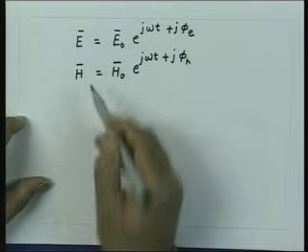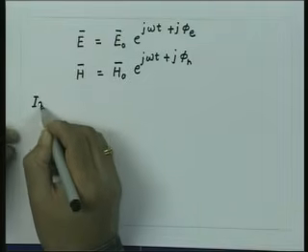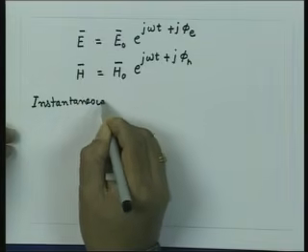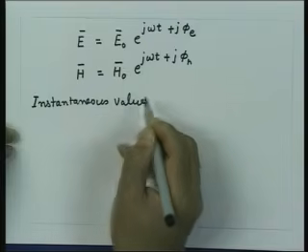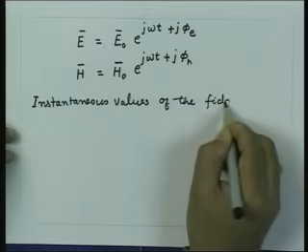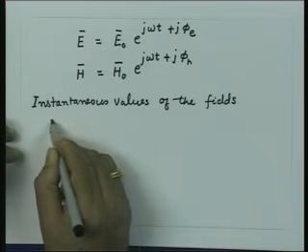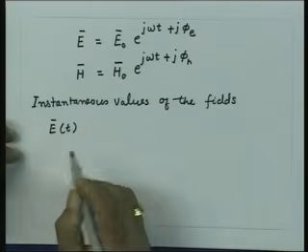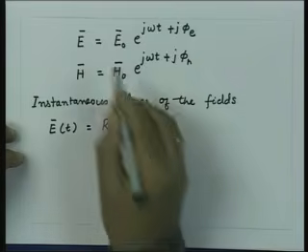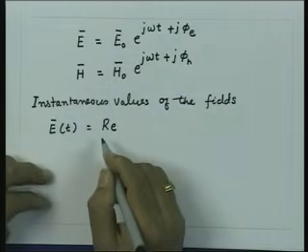If I take the instantaneous values of the fields, I get the instantaneous value of E at some instant of time, which will be the real part of this quantity, and as I mentioned, I can take the unit vector out of this. So I can keep only the magnitude.